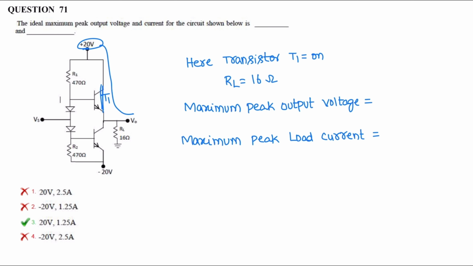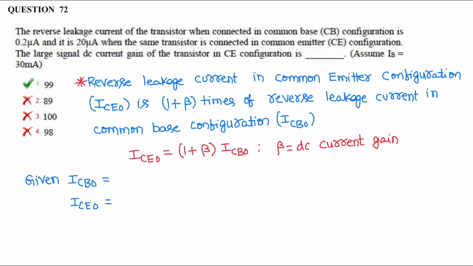So V0 is 20 volts, the maximum output voltage. Maximum peak load current is V0 by RL, that is 20 by 16, 1.25 ampere. Correct answer is option 3, 20 volts and 1.25 ampere.